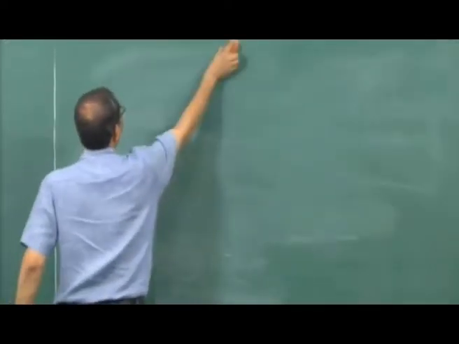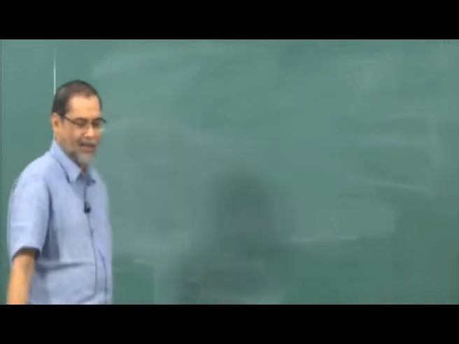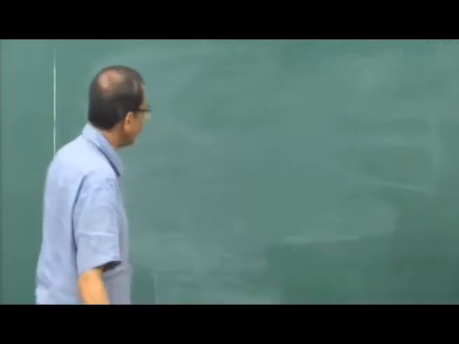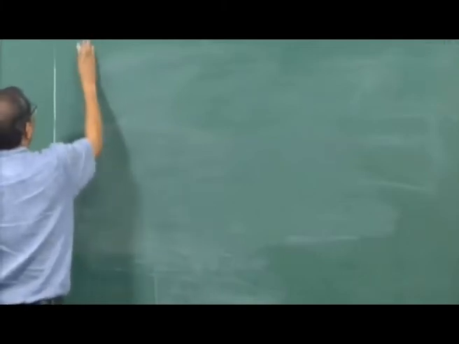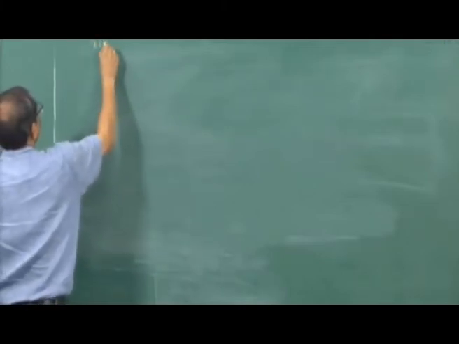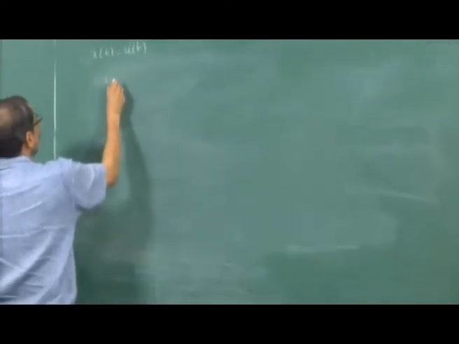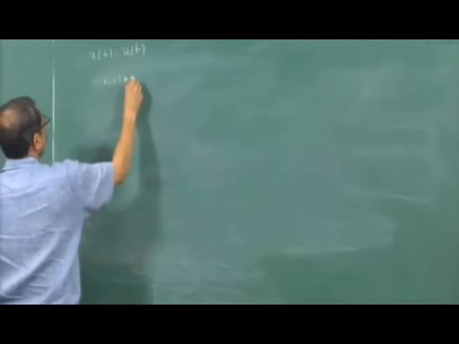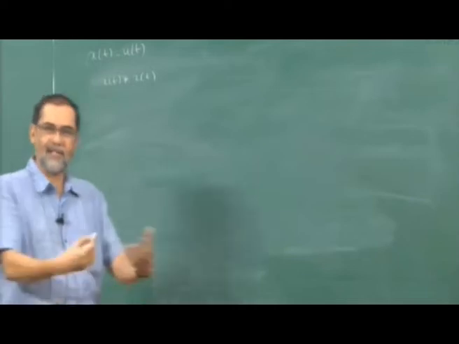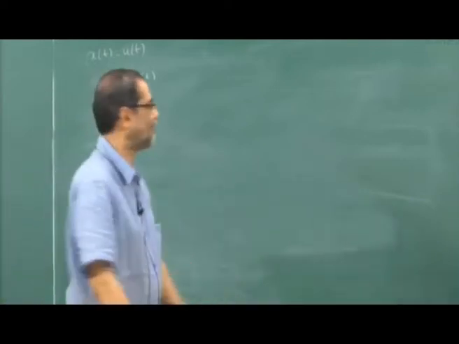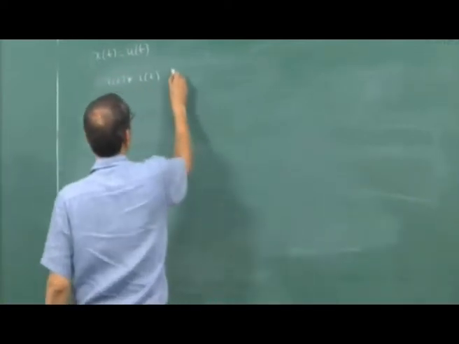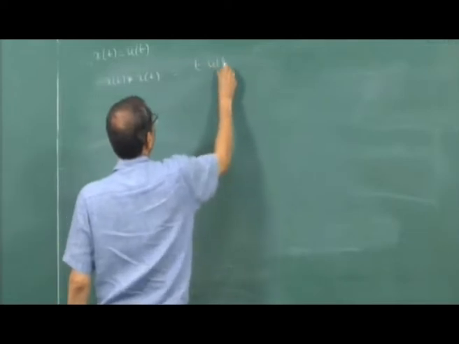We are getting into interesting questions here, because some textbooks tell you that if x is u, that is unit step, and you convolve u of t with itself, this result will be a ramp function.